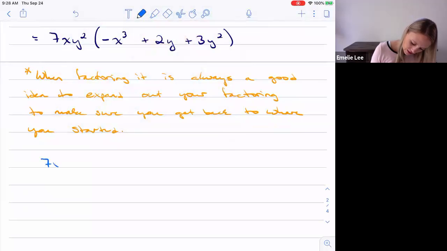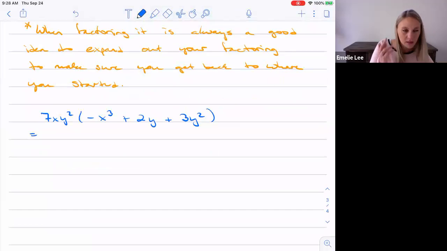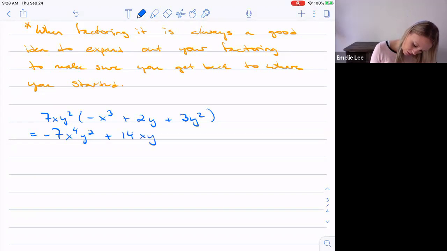So if I have 7xy squared times negative x to the 3 plus 2y plus 3y squared, and I'm expanding this, then 7xy squared times negative x to the 3 puts me at negative 7x to the 4th y squared. Going a little bit faster, on to the next term: 7xy squared times 2y, so plus 14xy to the 3.